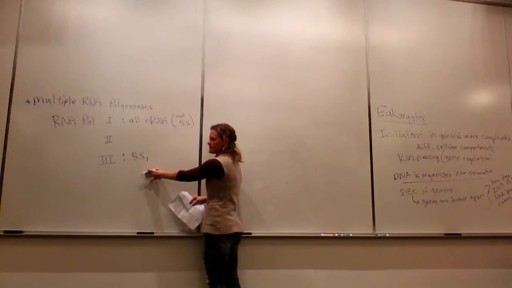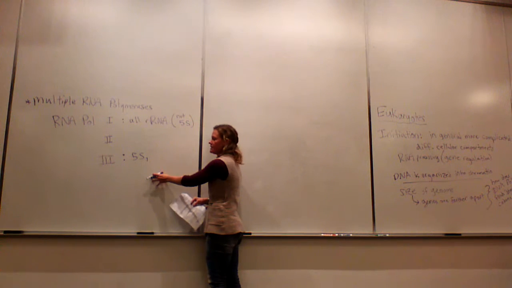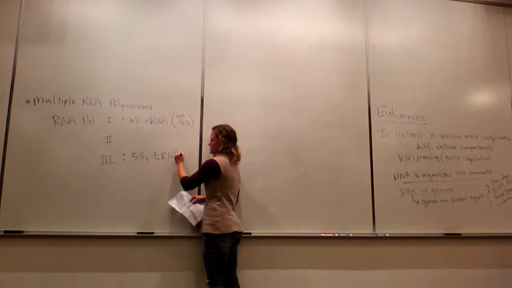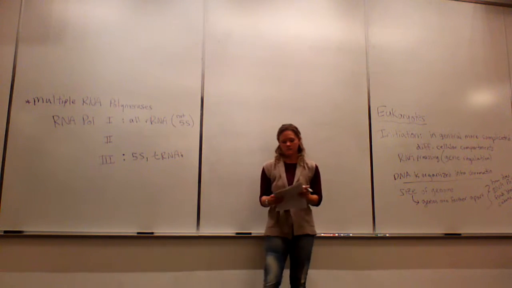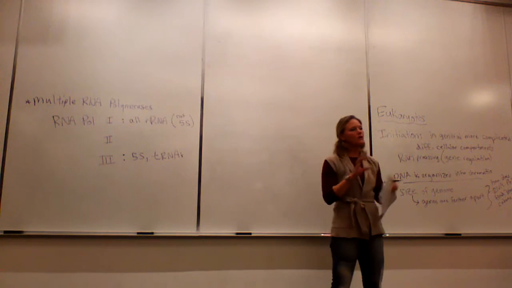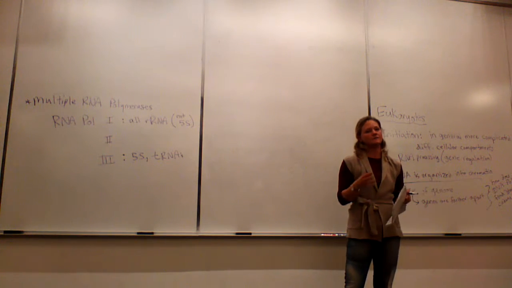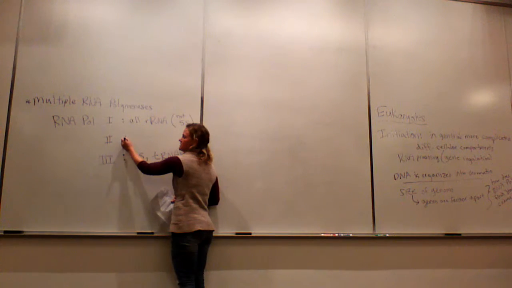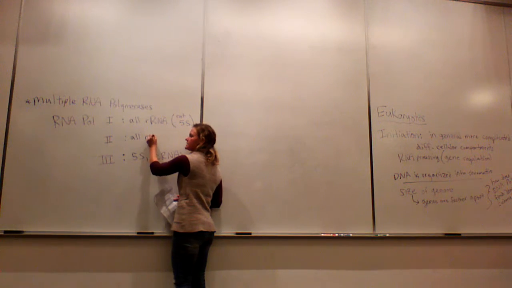The other types of RNA that Pol 3 handles are all of the transfer RNAs. Pol 2 does all the other stuff that we mostly spend our time thinking about: all the messenger RNA, the stuff that's going to actually be translated into proteins.